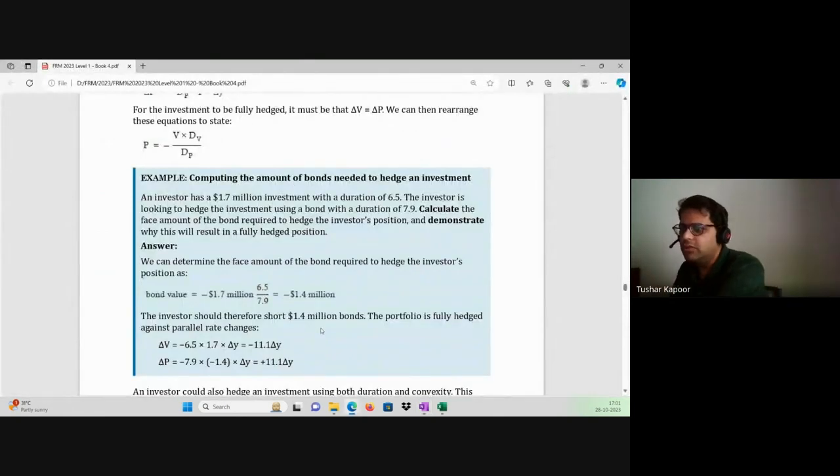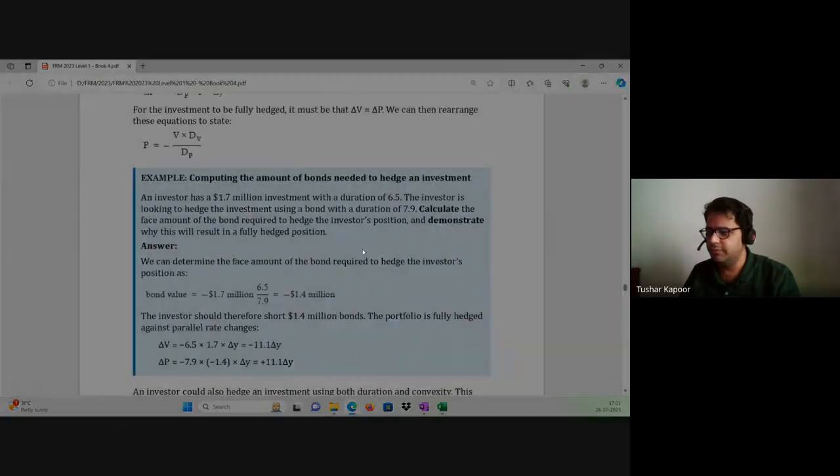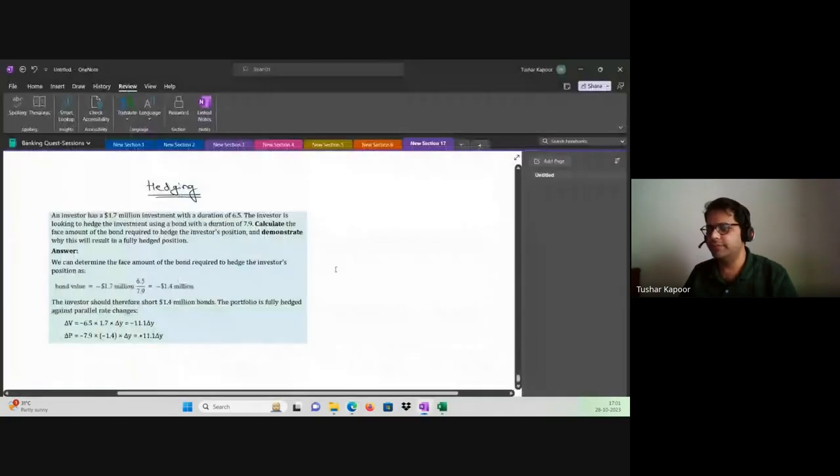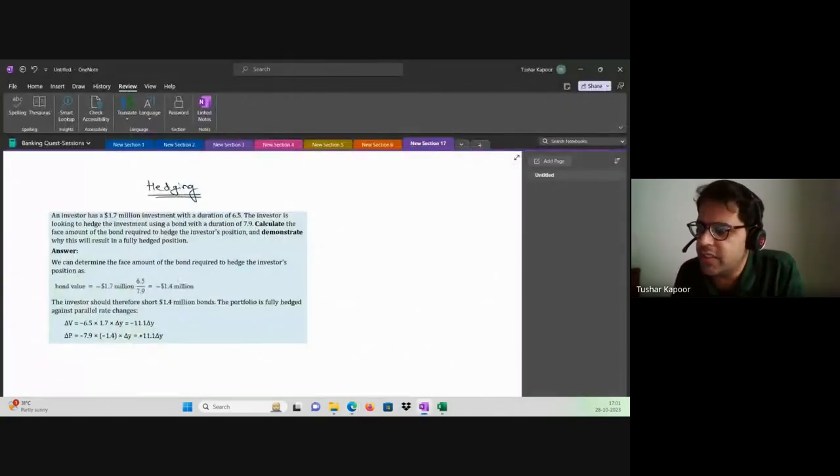Okay. So now an investor has 1.7 million invested. Let's look at this example. They have given two examples here. Let's look at the first one. An investor has a 1.7 million investment with a duration of 6.5. So the portfolio value is 1.7 million, duration for the portfolio 6.5. The investor is looking to hedge the investment using a bond with a duration of 7.9. So the duration of the bond used for hedging is 7.9.